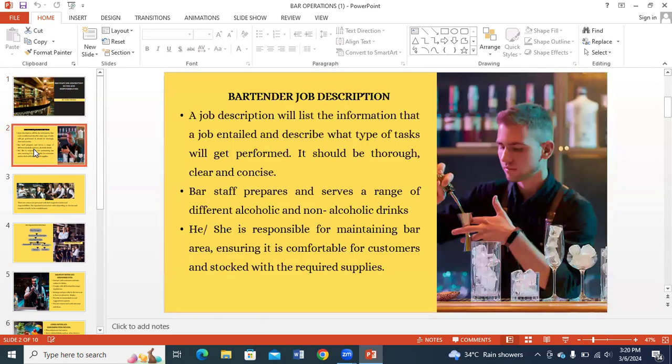Therefore, the description should be very clear and concise, straight to the point, so that the person operating is able to know what they're supposed to do, at what time, and how to do it to their fullest expectation as per the standards of the restaurant.